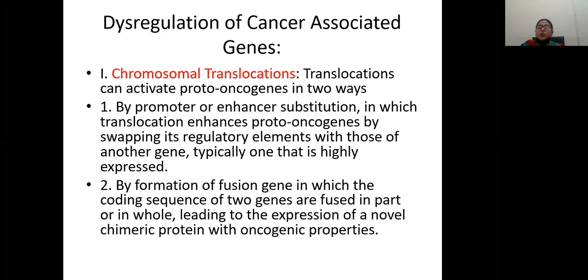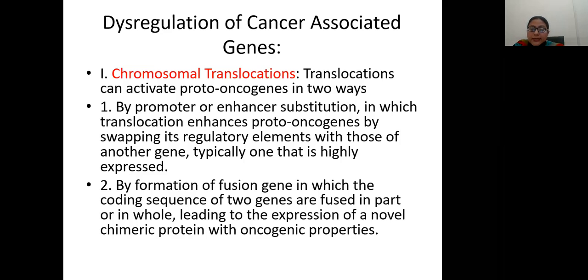A chromosomal translocation can activate proto-oncogenes in two ways: by promoter or enhancer substitution, in which the translocation enhances the proto-oncogene by swapping its regulatory elements with those of another gene, typically one that is highly expressed; or by formation of a fusion gene, in which the coding sequences of two genes are fused in parts or in whole, leading to expression of a novel protein with oncogenic properties.